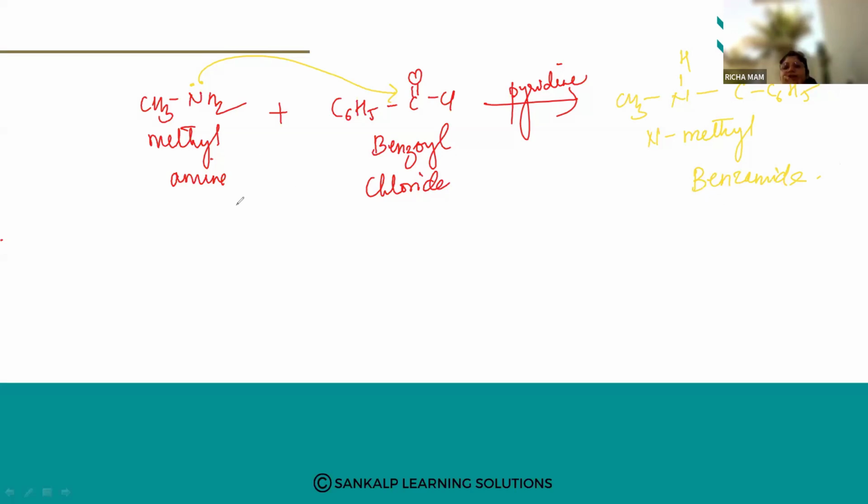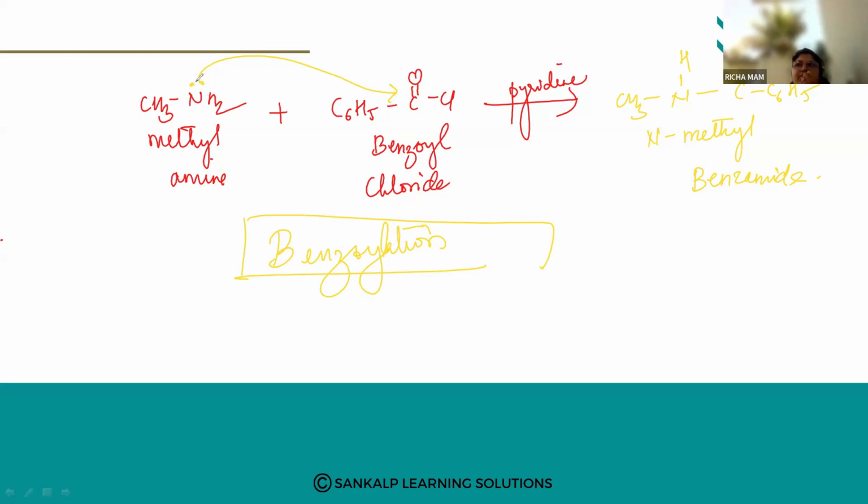So methylamine with benzoyl chloride gives you N-methyl benzamide, and this reaction is called benzoylation. Please remember that the name of this reaction is benzoylation.